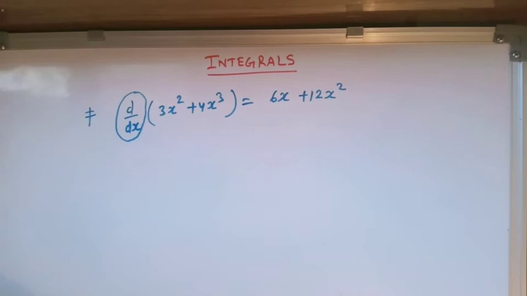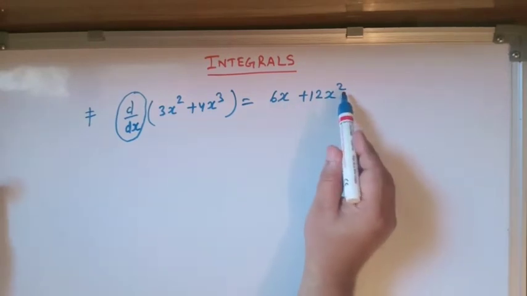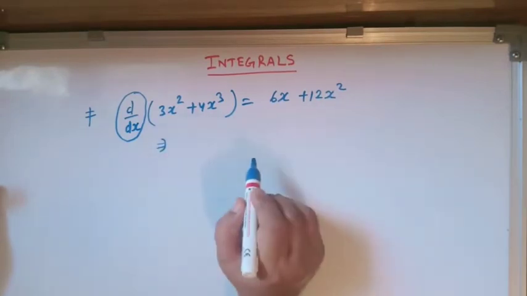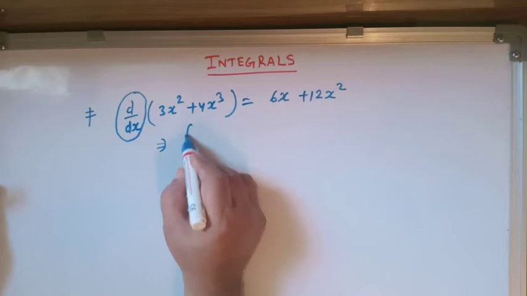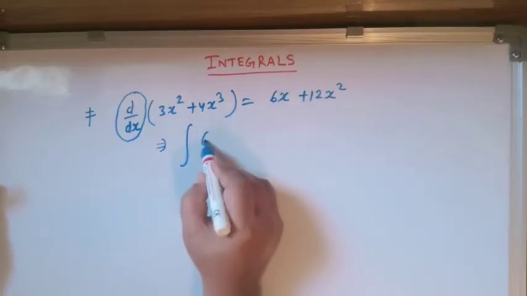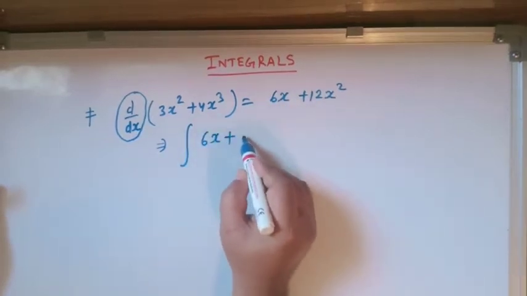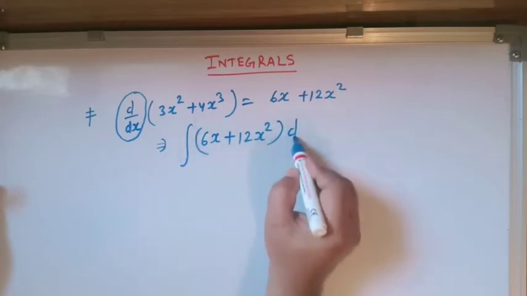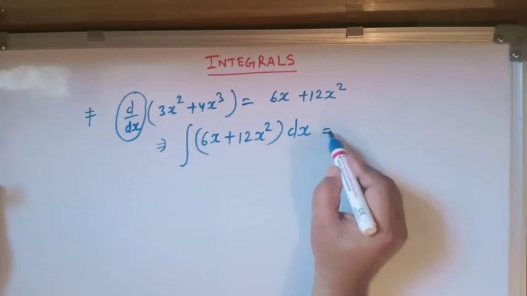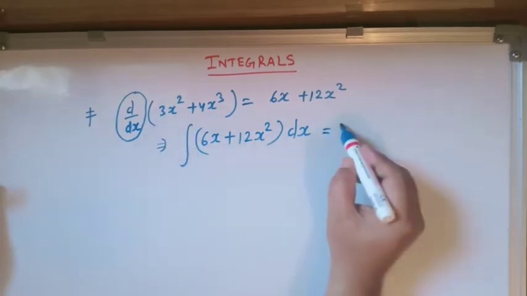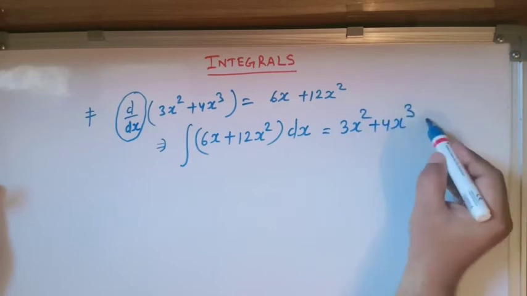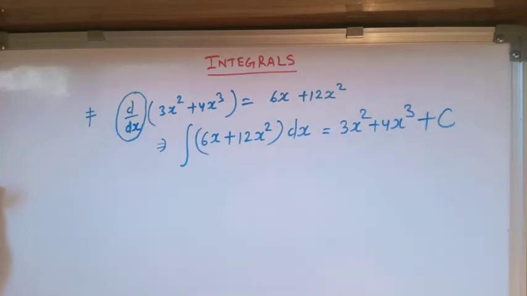And this is the derivative, 6x plus 12x square. So this implies that by the definition of integration, the integral of 6x plus 12x square with respect to dx is equal to 3x square plus 4x cube plus a constant of integration.